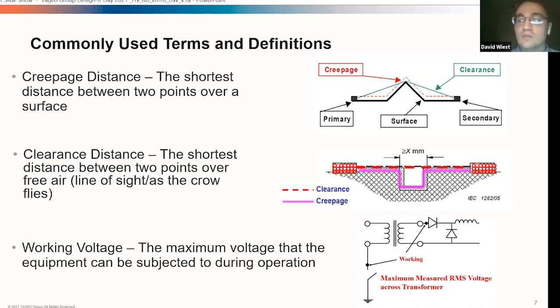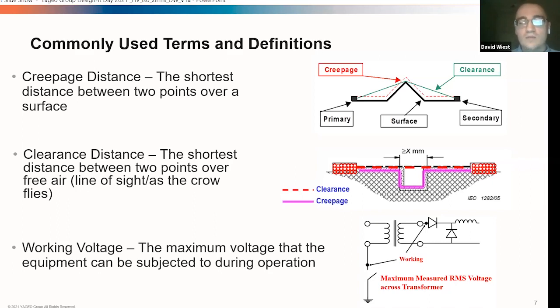The distance required is also impacted by the environment that the product is set in. So if an environment is expected to be dusty, possibly conductive dust, or in moisture sensitive environments, these distances become longer. That way there's no possible exposure between the two.